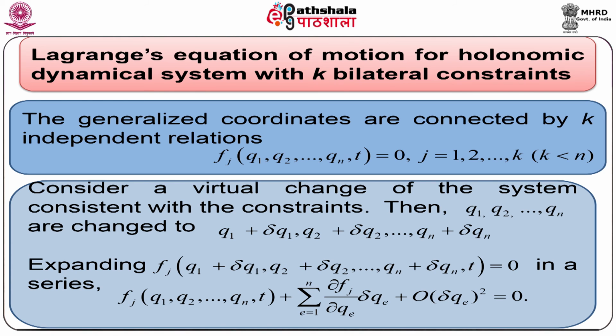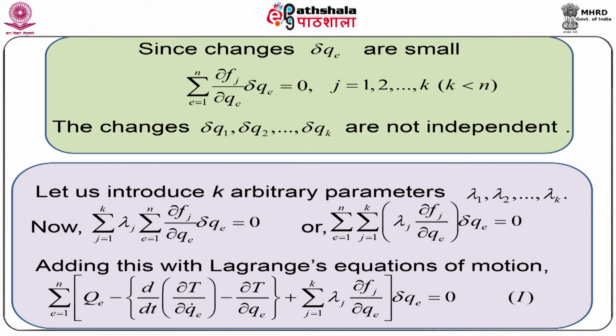If we substitute this here and neglect the square and higher order terms as the changes are very small, we get summation over e of del fj by del qe into delta qe equal to 0. This is valid for j equal to 1, 2 up to k.